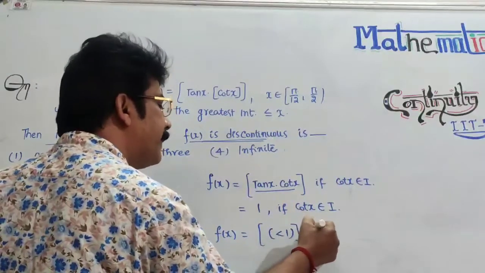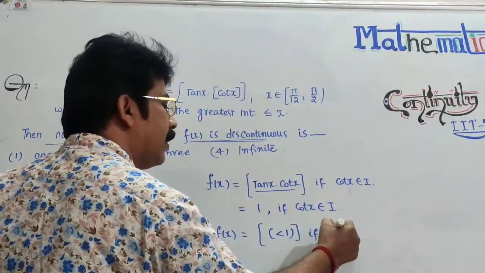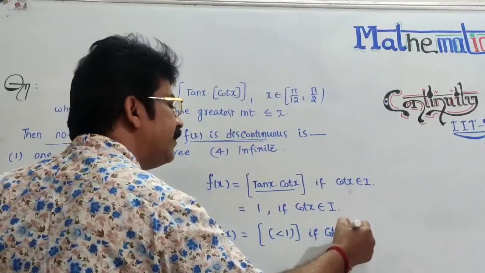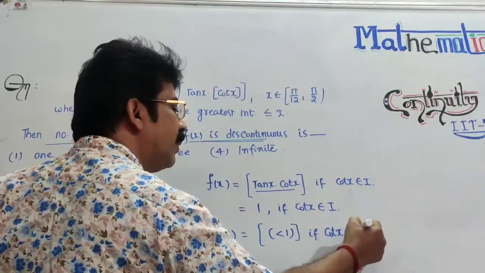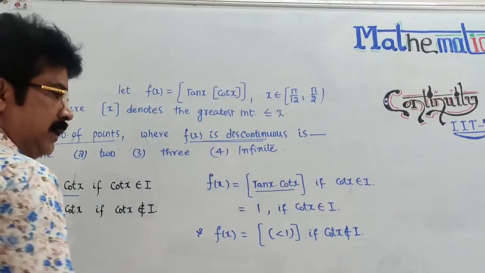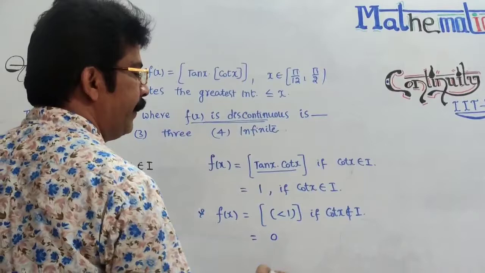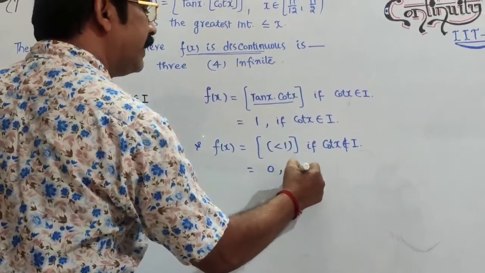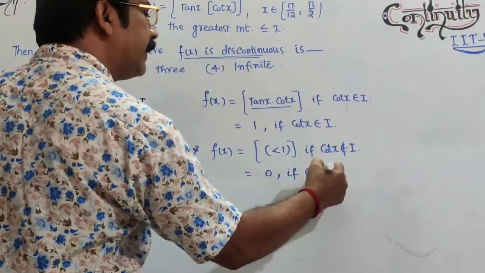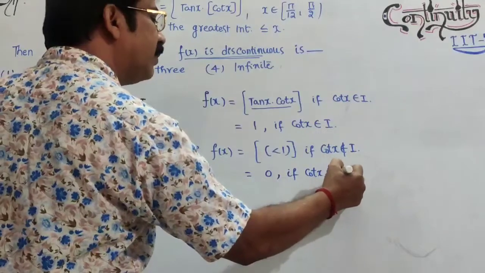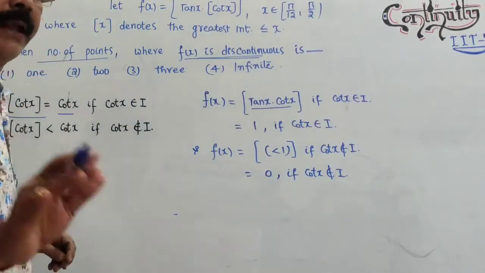If cot x does not belong to I, any value between 0 and 1, the floor is 0.